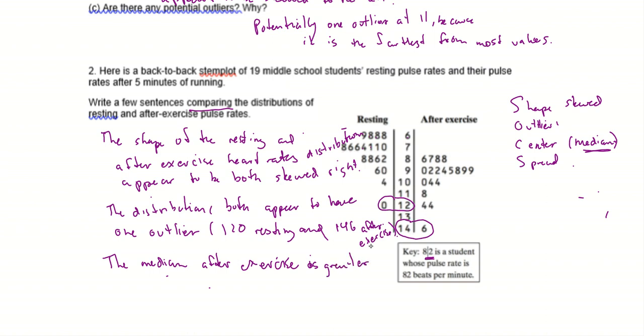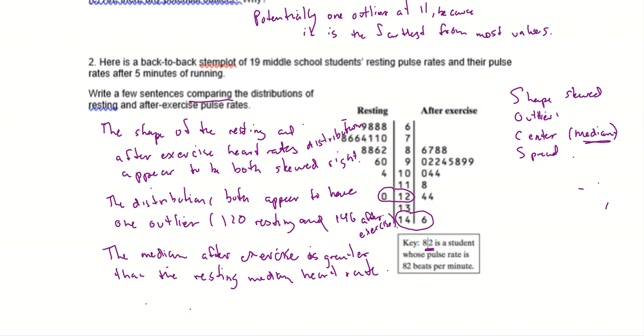Notice I'm using comparative language, is greater than the resting median heart rate. And that's all we have to do. If you want to tell what the actual value is, we can put that actual value down as well. All right. That's what we have there.